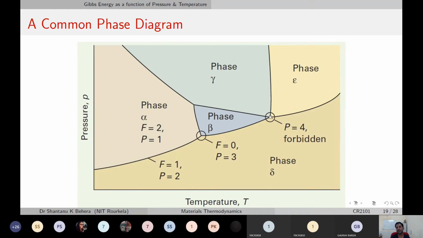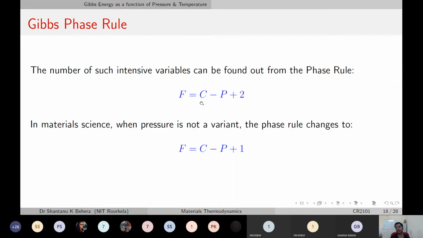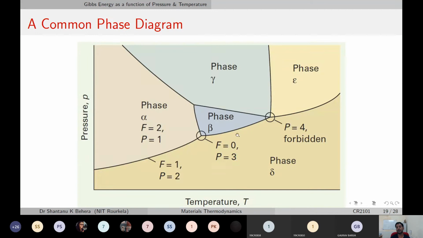But this theoretical diagram shows that this coordinate space has four different phases in equilibrium. If you use this formula, C is 1, plus 2 is 3, minus 4 is minus 1. The number of degrees of freedom being minus 1 doesn't make any sense. So this one actually cannot happen. P is 4 is forbidden.